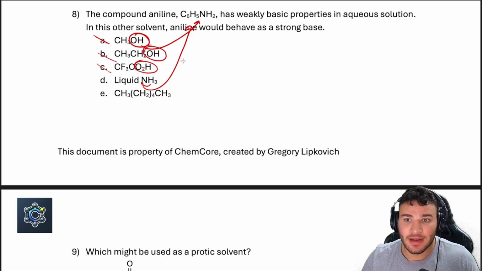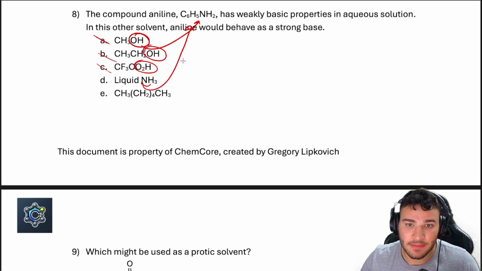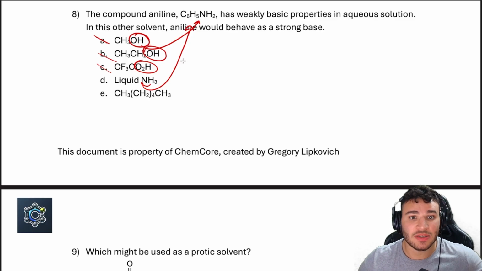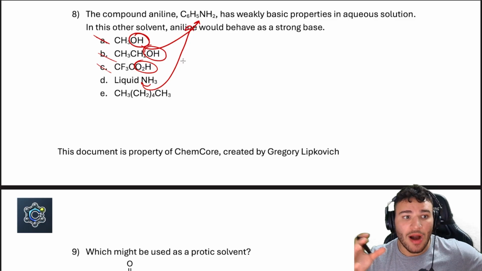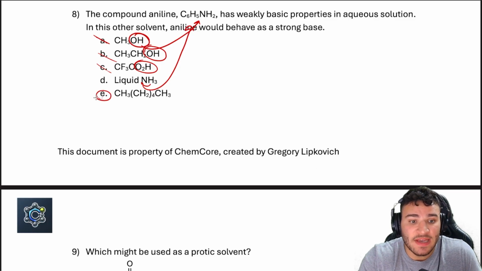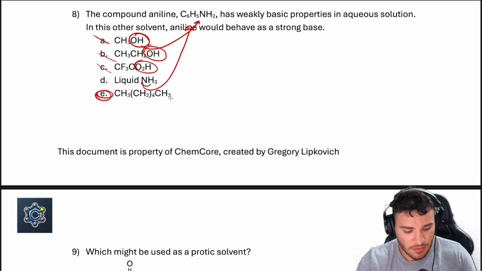All of them are sp3 hybridized. Those are the least acidic compounds that we can possibly have, meaning that in the solvent, assuming that we have an acid in the reaction mixture as well, aniline would definitely act as a strong base because all the protons from the acid are absolutely going to be taken up by aniline, and the solvent is going to have nothing to do with the reaction.